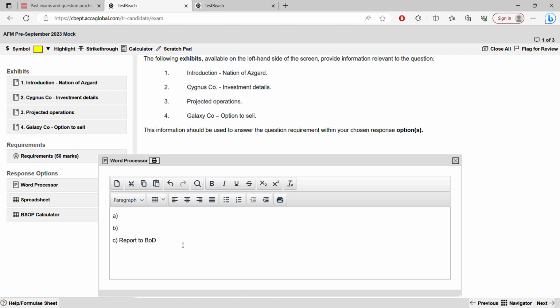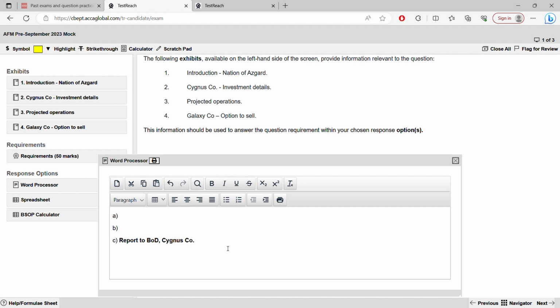Mention the name of the company. Always. It is Cygnus company. Always the name of the company should be there. And this should be there. Report to this one. Make this bold. Okay. Because it's a heading. Like this. Then an introduction of 4 to 5 lines.